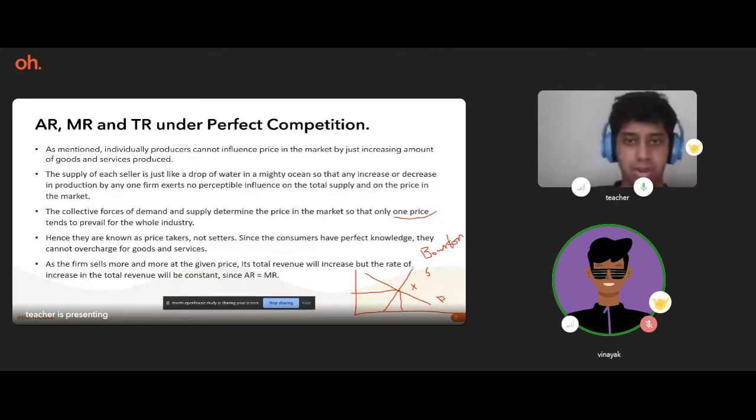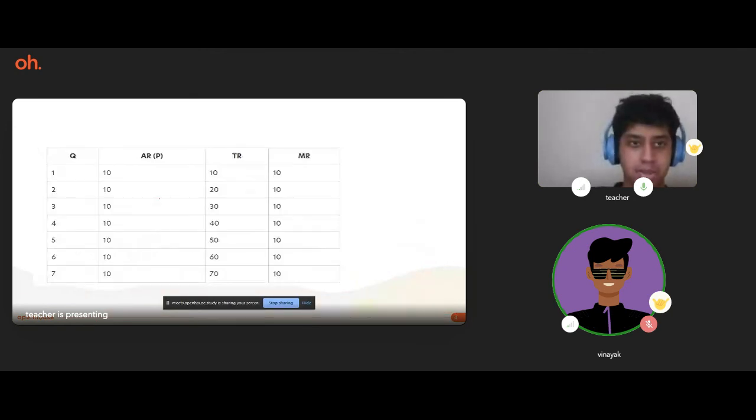So I'll just give you an example. This is basically what it will look like. If you purchase one unit of the biscuits: 10, 10, and 10. If you purchase a second unit, 20 by 2 comes out to be 10, which is equal to the change from 10 to 20, which is the marginal change.